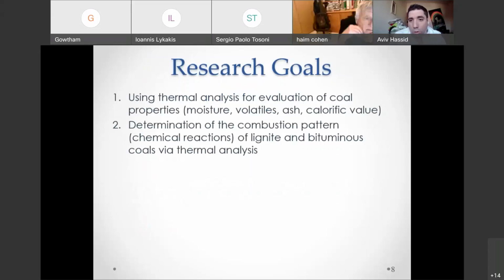Our coal research goals are, first, using thermal analysis for evaluation of coal properties. And second, we determine the combustion pattern, the chemical reaction of lignite and bituminous coal through thermal analysis.